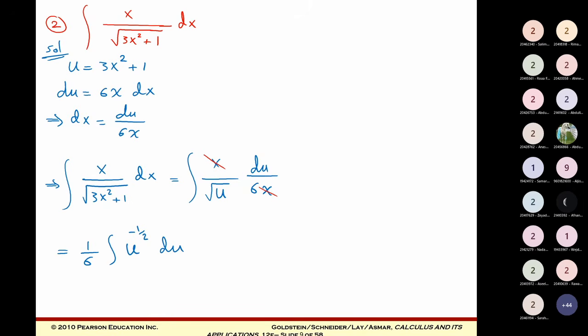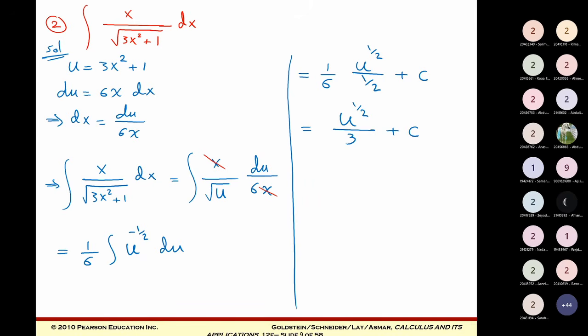Okay, now this is equal to 1/6 u to the power half over half plus c. So we have 2/6 equals 1/3. So u to the power 1/2 over 3 plus c.